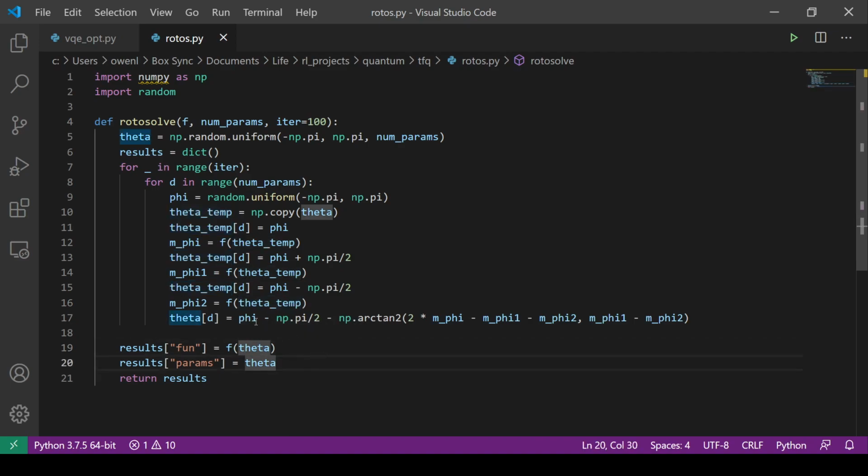Now we just set it equal to the original term minus pi over 2 minus this arctan. It's just arctan 2. This is really division. And then we return the final estimate and the final parameters. And so this is really simple, exactly as outlined in the explanation.